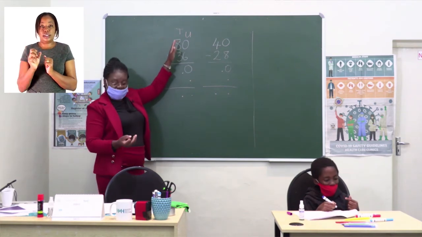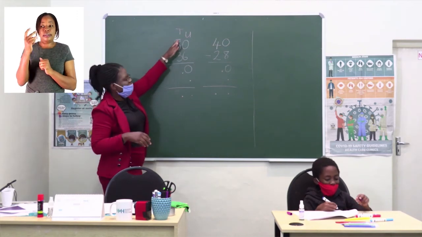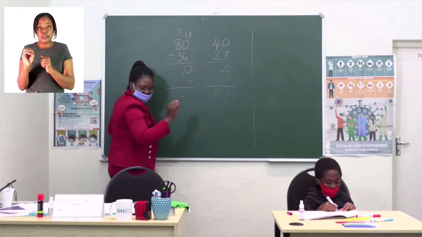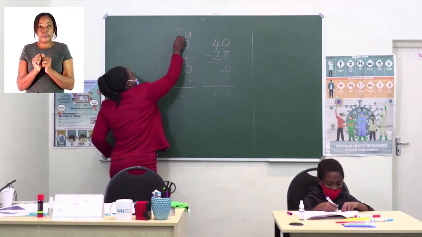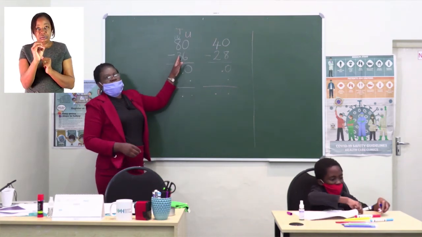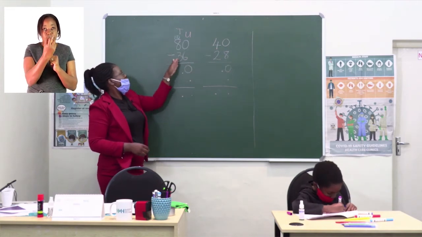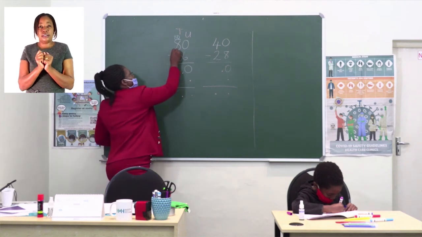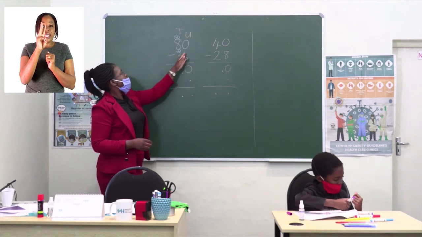I have 8 tens, meaning it's 80 on its own. Now what about the number under? I have 36. The 3 is a ten, so how many tens do I have? There are 3. So that is 30 on its own. And that is a unit.